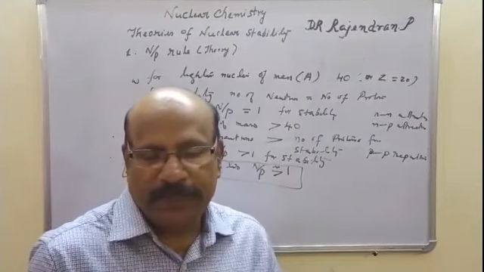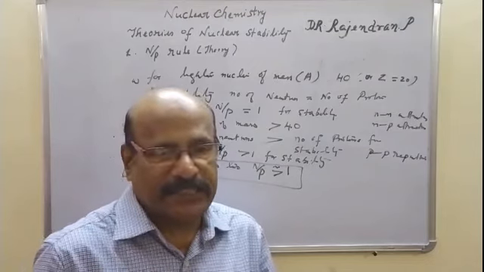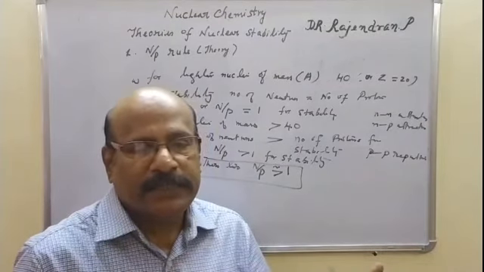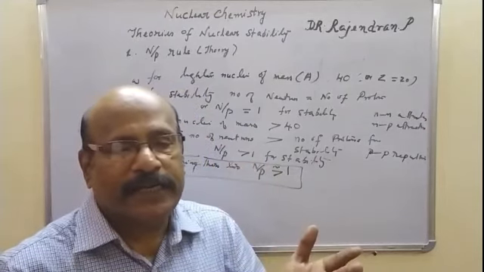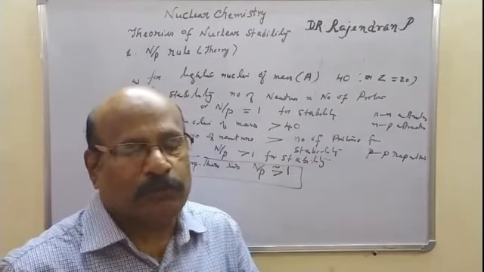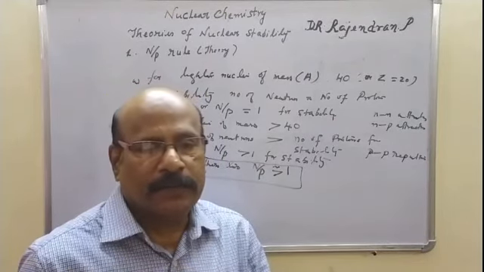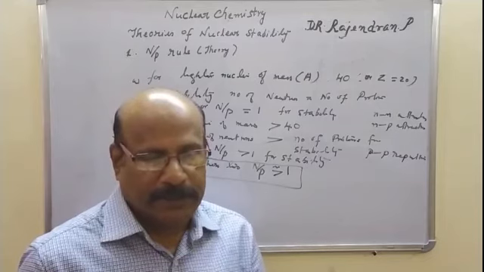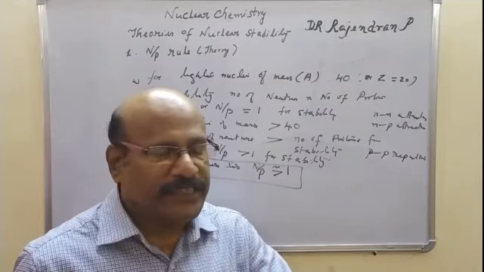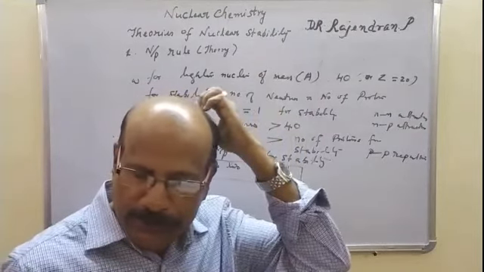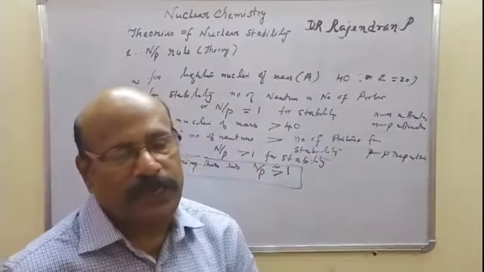So such nuclei will undergo spontaneous disintegration, and they usually try to reduce the proton number by alpha emission. So most heavy nuclei beyond mass number 200 are alpha emitting because they tend to reduce the proton number so as to increase the N by P ratio to the desired stability value.